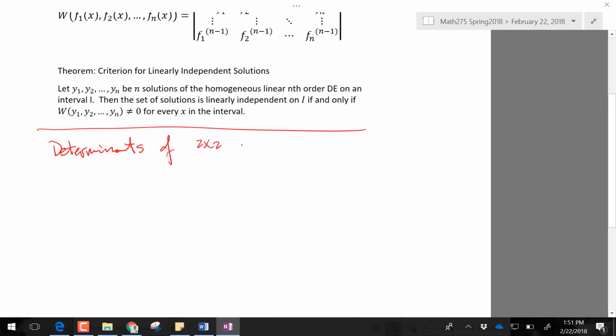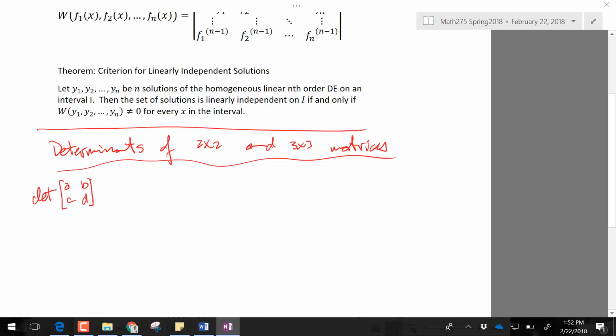of 2 by 2 and 3 by 3 matrices. So for a 2 by 2 matrix, sometimes if they don't use the square brackets, if they just use vertical lines, that automatically means determinant, and you don't have to put the DET in the front.